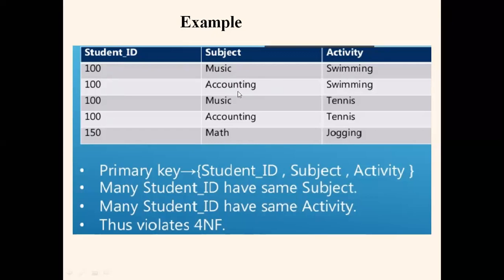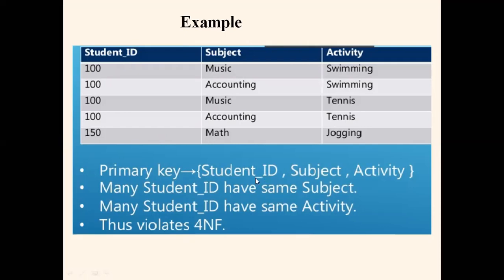The same student opts for music and accounting, and the activity is tennis. Another student whose student ID is 150 opts for the subject maths and enrolls for the activity of jogging. So what is the primary key? We have the primary key as the student ID.